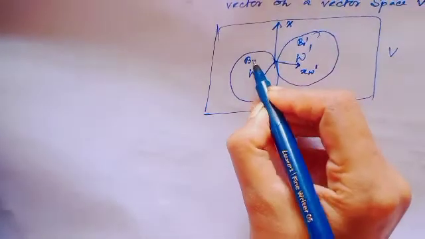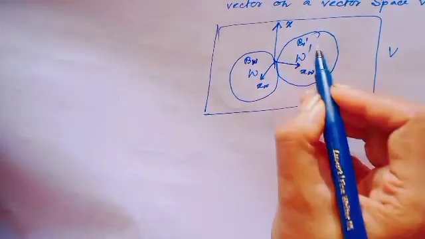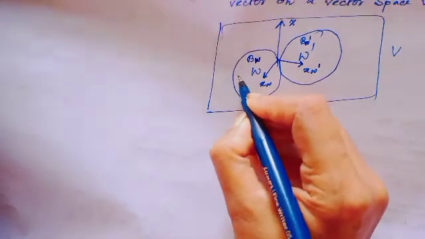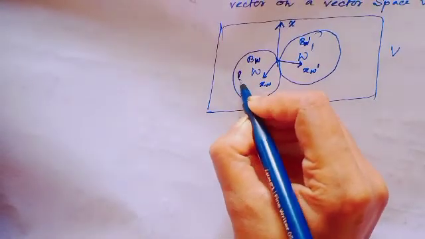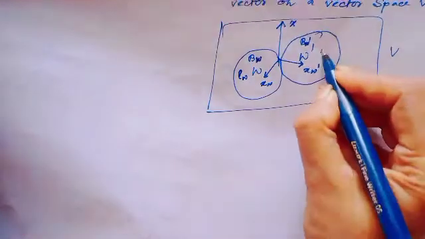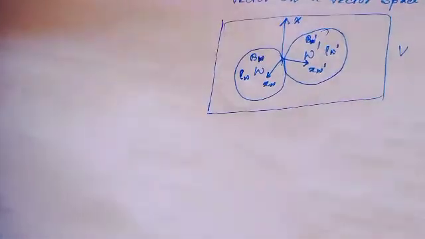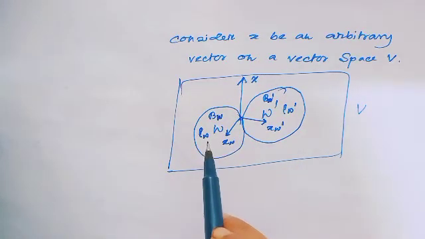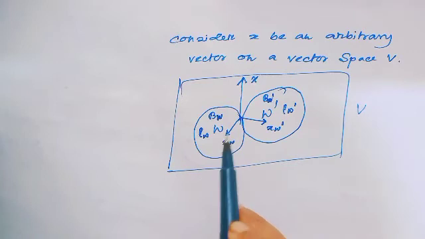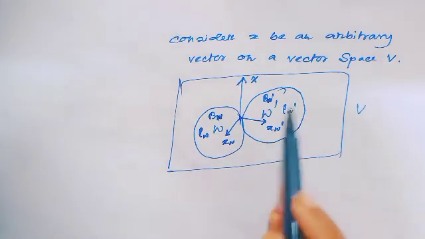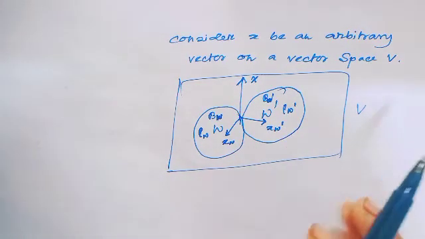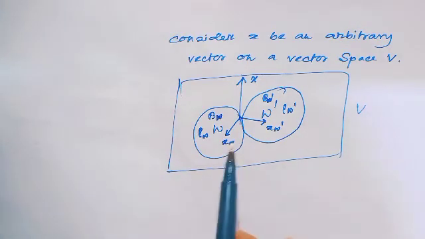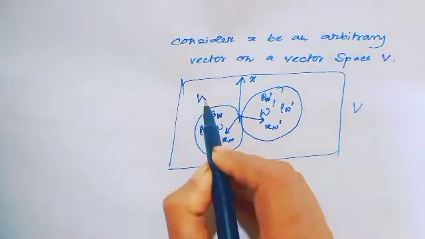Also a basis of V can be split into a basis of W and a basis of W perp. Any orthogonal basis is split into an orthogonal basis of W plus an orthogonal basis of W perp. So any orthonormal basis of the vector space can be split into an orthonormal basis of W and an orthonormal basis of W perp. That means the whole vector space is made by these two subspaces W and W perp.